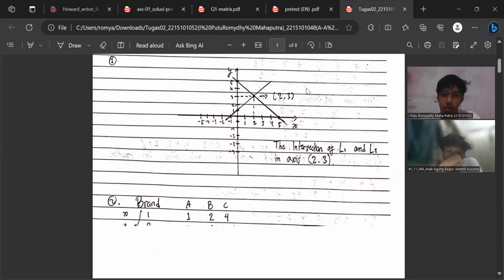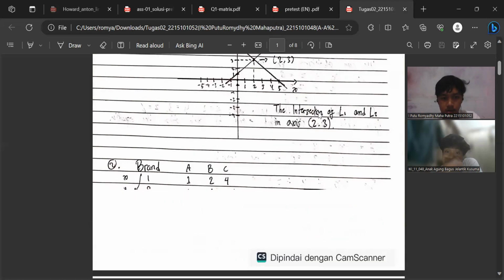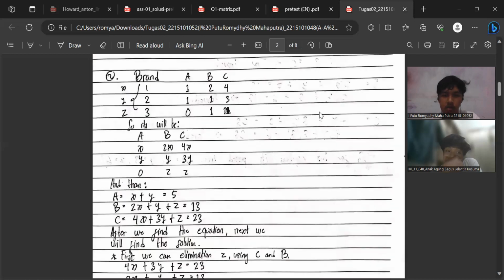After that, we find the intersection of L1 and L2 at x equals 2 and y equals 3. Okay, that's all for the answer to number one, and next I will explain number two.